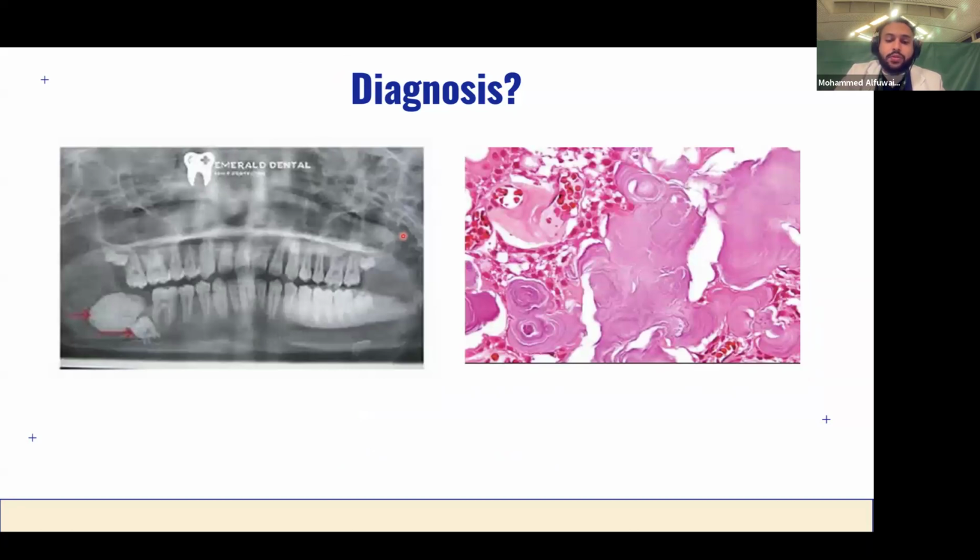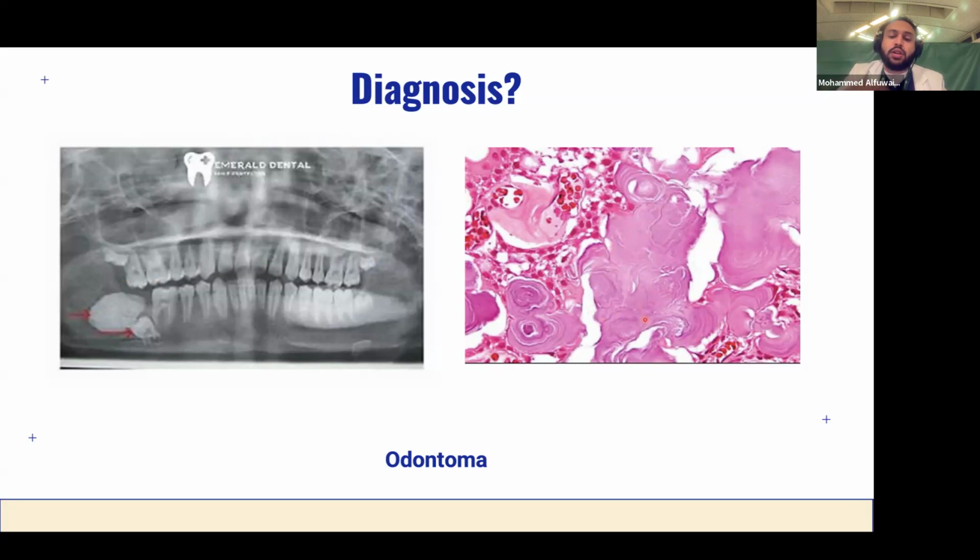Then we have here one of the more common dental masses, which is an odontoma. In an odontoma, it's a growth of dentin over here. You can see a lot of dentin that's in the wrong spot. It's just like a hamartoma, if you remember from POD.